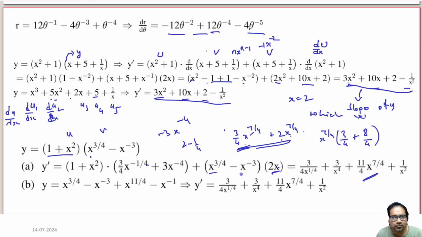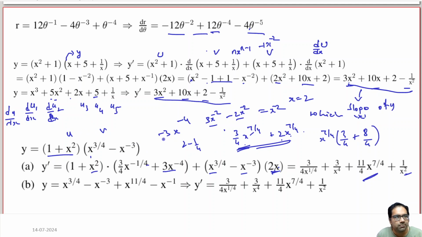Now 2x into 1 by x cube, this 2 will give 2x power minus 2, minus 2 into x power minus 3 plus 1, which is minus 2. And here, they have given us 3x power minus 2. So 3x power minus 2 minus 2x power minus 2 is 1x power minus 2, which is 1 by x squared. So basically, we have used the product rule here.